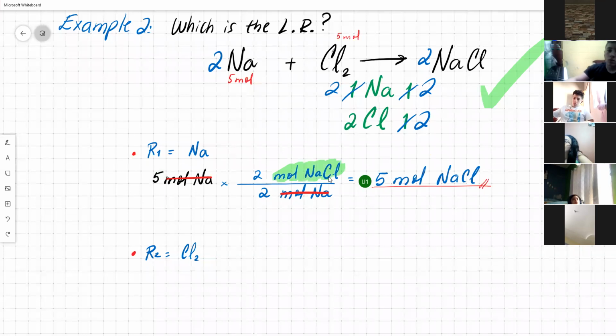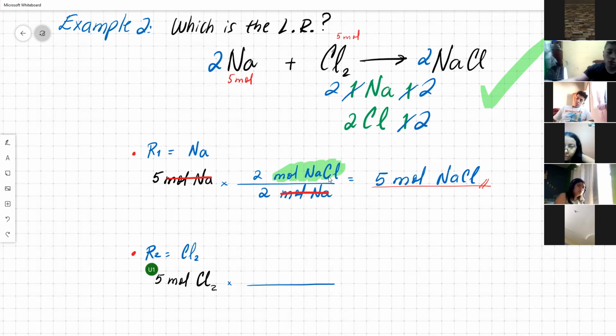Now let's do it with another reactant, chlorine. For chlorine, I have 5 moles. What is the molar ratio that I'm going to use here? How many moles of chlorine am I going to write, and where? 1 mole down. 1 mole of Cl2 comes down.